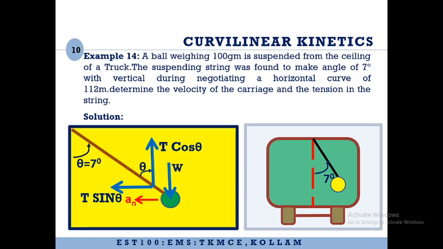It is undergoing a uniform circular motion, and therefore the acceleration on the ball will be the normal or centripetal acceleration. Therefore, inertial force will be acting in the outward direction, that is in the direction away from the center.